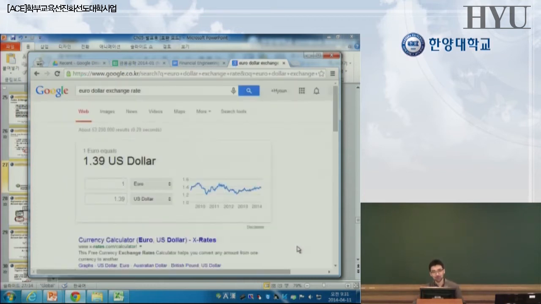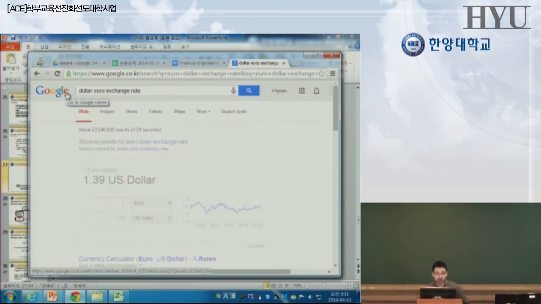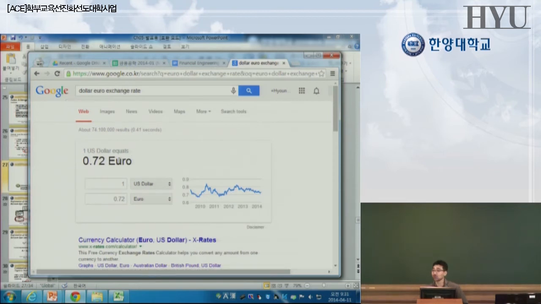So 1 euro equals 1.3. Definitely euro is stronger, but this is not the way of quoting. In international standard, this is called exchange rate. Everything is per dollar. So nowadays, the exchange rate between dollar and euro is 0.72. So $1 is the same as 0.72 euro, which means that in order to have 1 euro, we need 1 over 0.72 dollar.